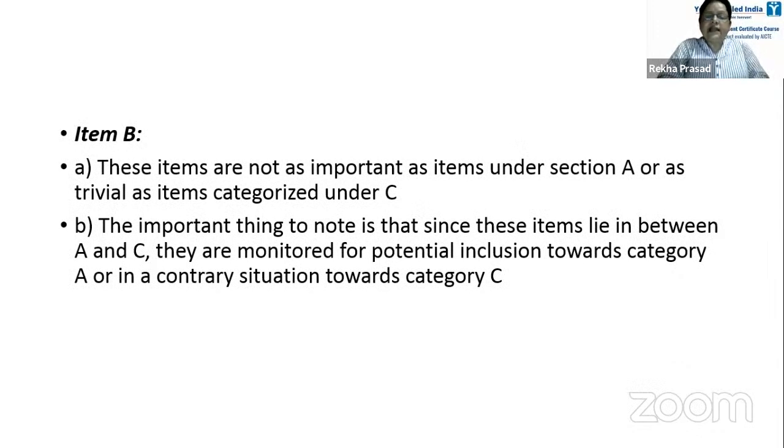Item B, these items are not as important as items under category A or as trivial as items categorized under C. जैसे मान लीजिए बल्ब्स हुए, ऑटोमोबाइल में जो बल्ब लग रहे हैं, तो they might come under category B, जो वैल्यू में उतने ज्यादा नहीं हैं जितने A में थे, वेरी स्पेशलाइज्ड आइटम नहीं थे, but they are also important, और उतने भी फालतू नहीं हैं जो कैटेगरी C में हैं. जैसे हमने कहा कैटेगरी C में नट एंड बोल्ट हैं, थोड़े बहुत इधर उधर भी होंगे तो कोई खास फर्क नहीं पड़ेगा.